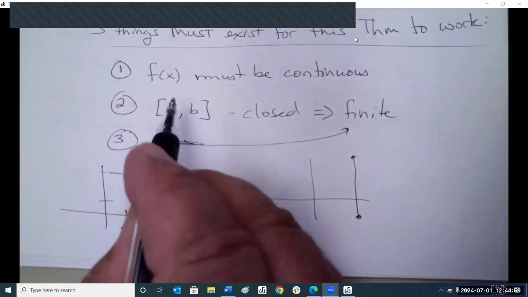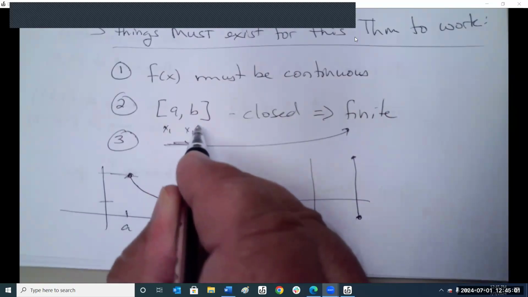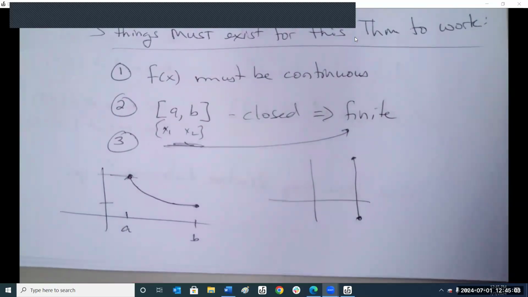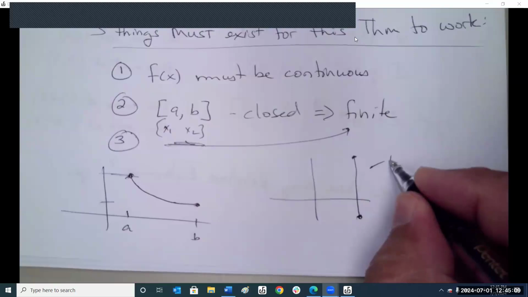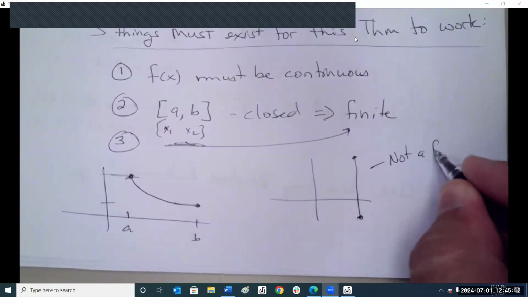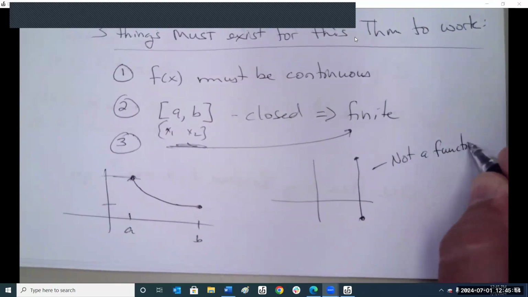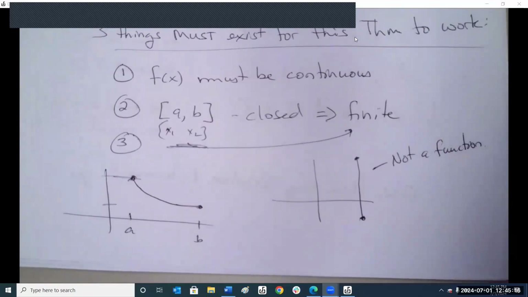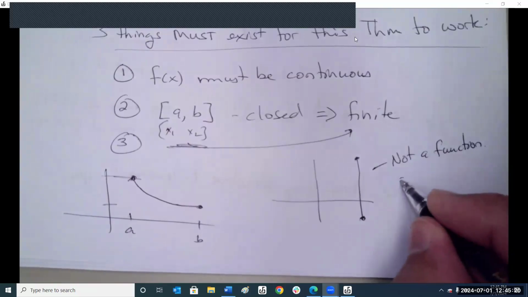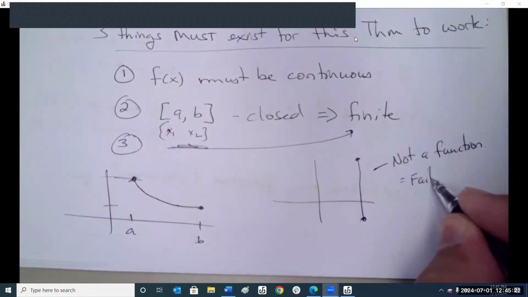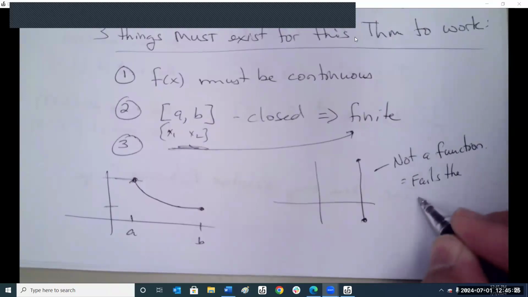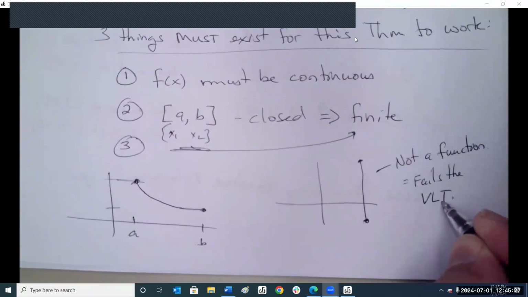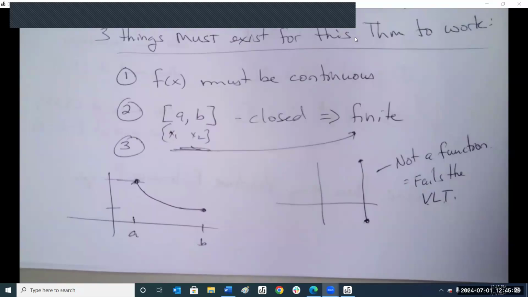The interval is always from x1 to some point x2. Is this a function? Why is it not a function? Yep, it fails the vertical line test.